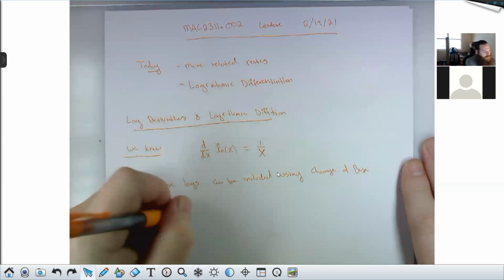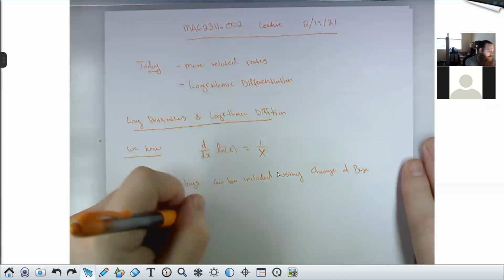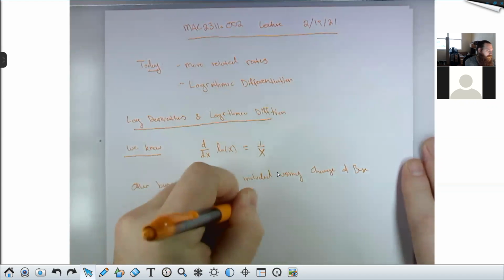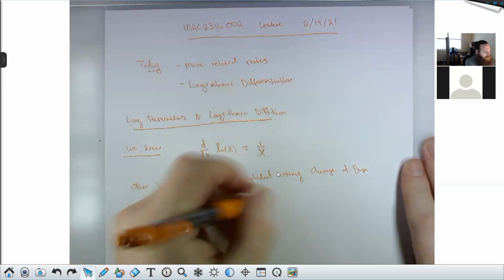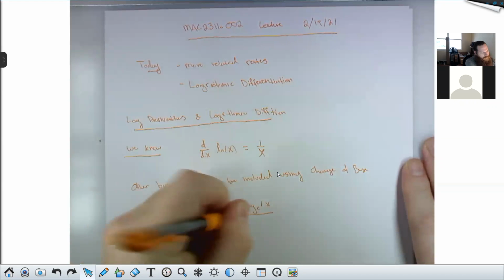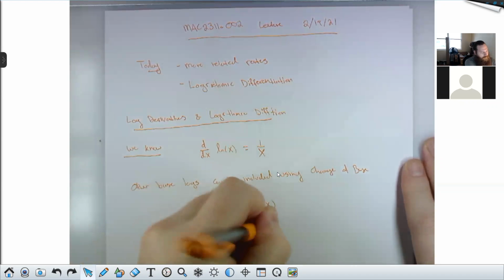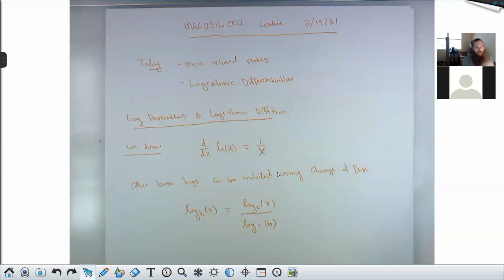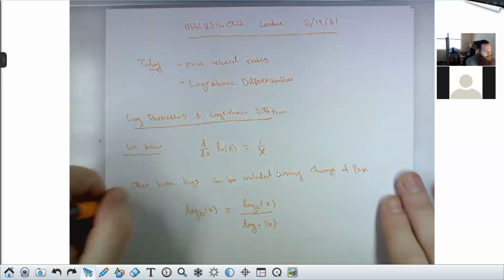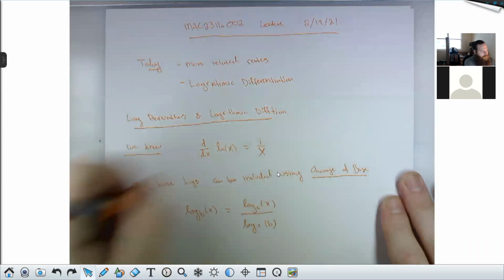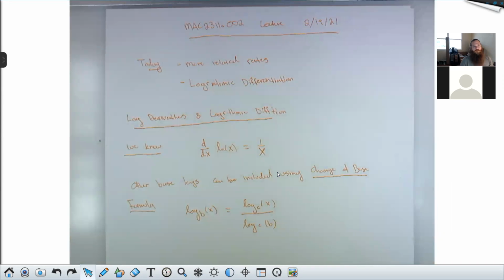Hopefully you remember it. It says that the base b log of x can be written as the base c log of x over the base c log of b. So if you want to go from one base to another, like you're given a base 2 log and you want a natural log, you can use this change of base formula.